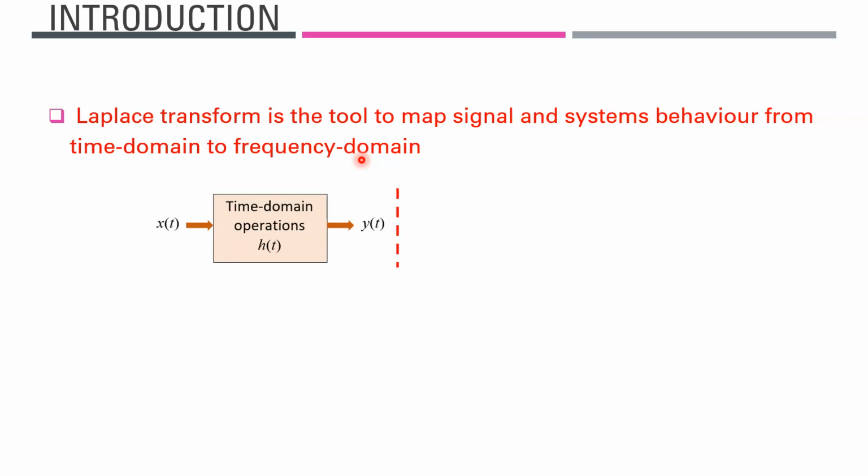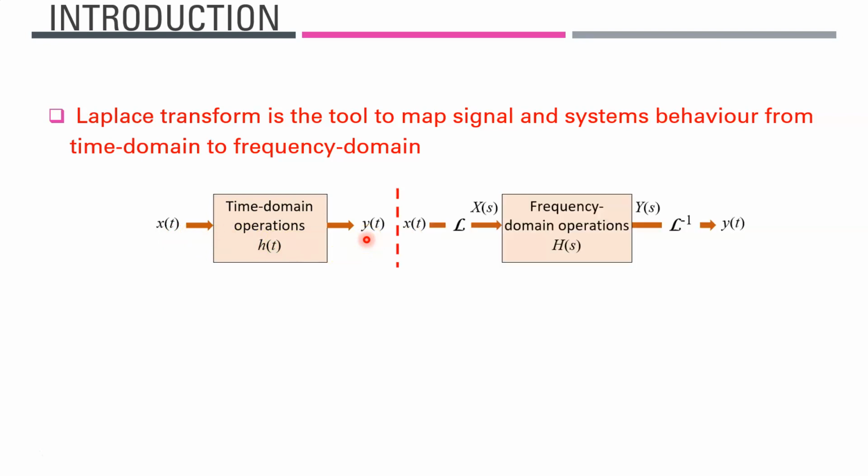So let's say you have a system that accepts an input x of t, and it has an impulse response of h of t. After some operation between these two signals, you get an output, say y of t. Now, if this input x of t undergoes a Laplace transform, where this L symbolizes the Laplace transform, x of t becomes capital X of s.